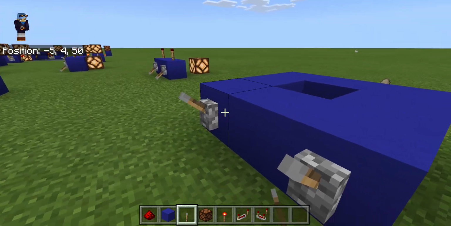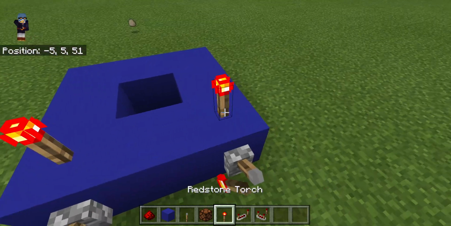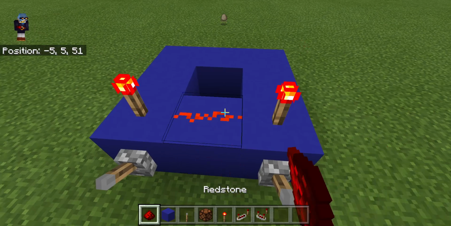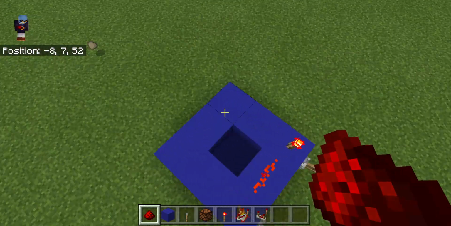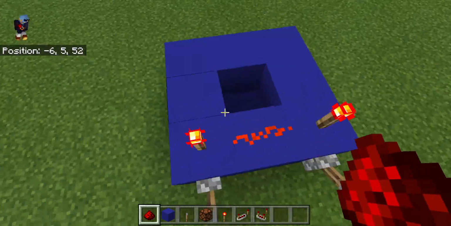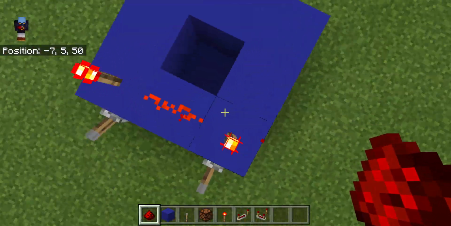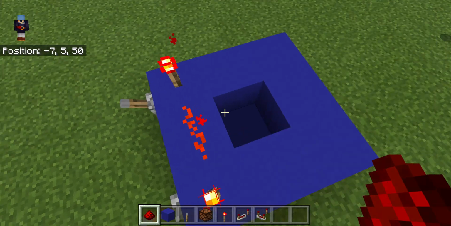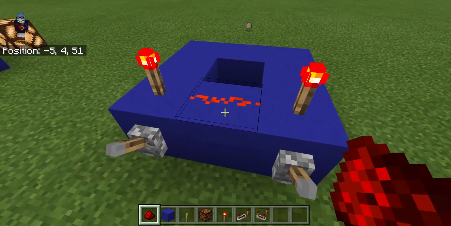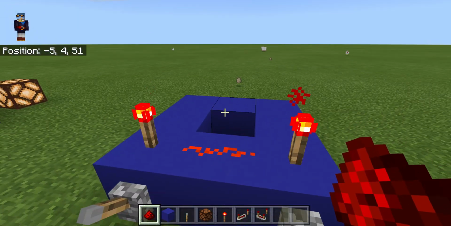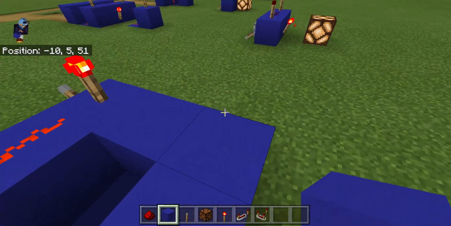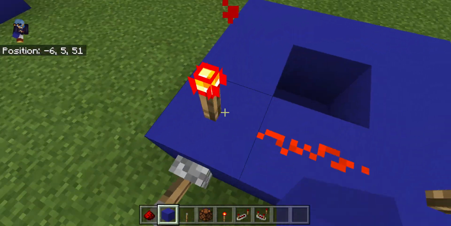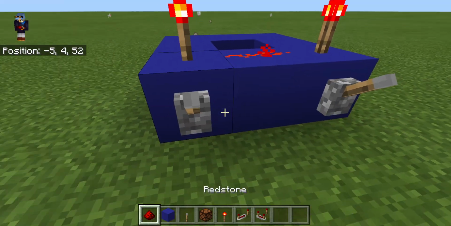So you're going to need 2 levers on any side of your, I don't know, 8-block circle. Not a circle, but this square with a hole in it. It will be a 3x3x1, 3x1x3. I don't know.